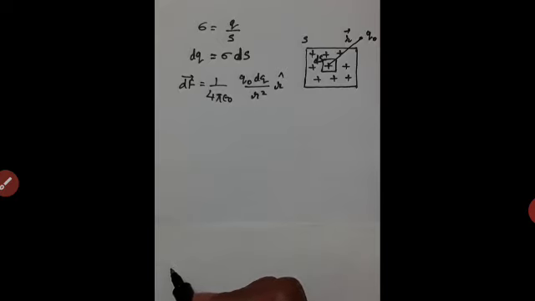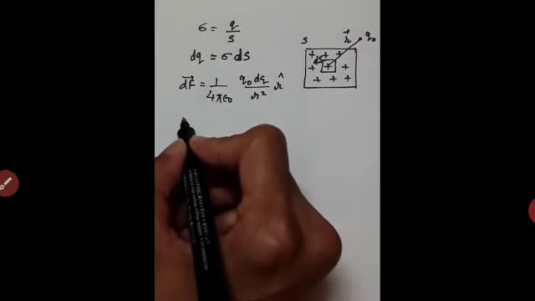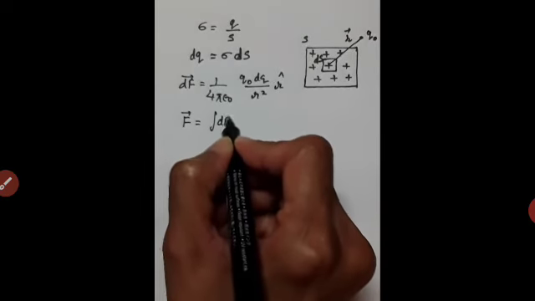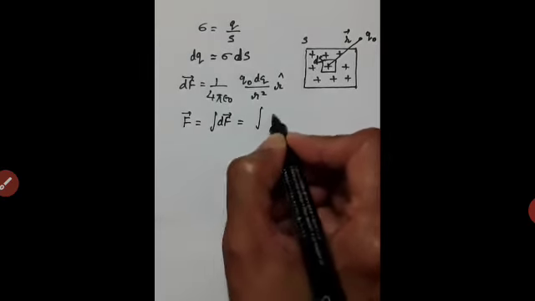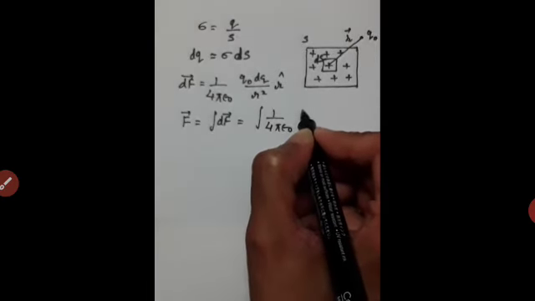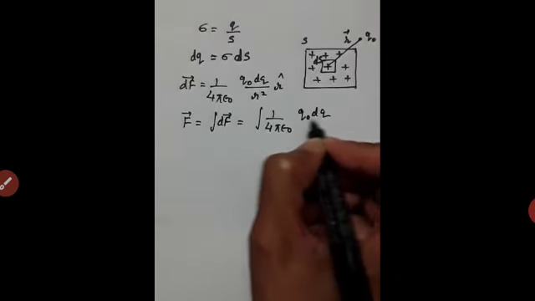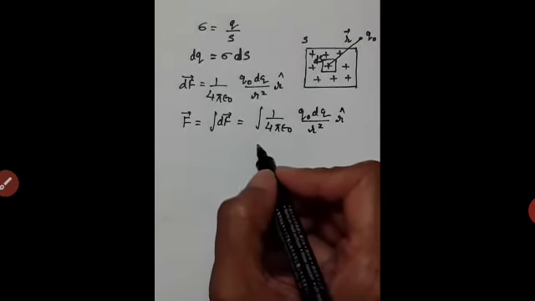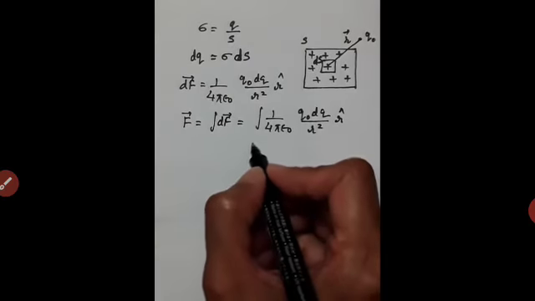Now, the net force due to the complete surface would be the integral of dF, which equals the integral of 1 upon 4 pi epsilon naught, Q naught dq upon r square, unit vector r, and this integration is taken over the surface.